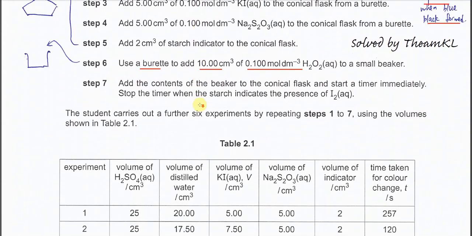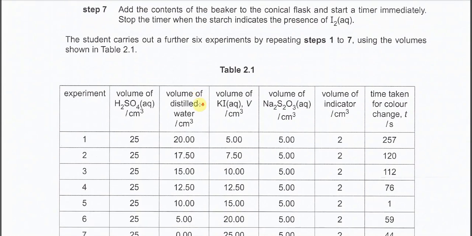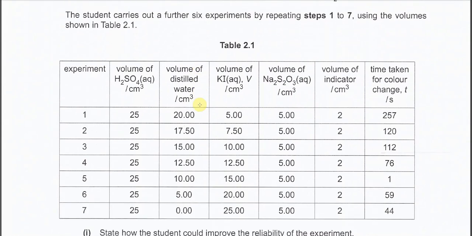And after that, the student carries out another 6 experiments. So that means now a total of 7 experiments. Okay, the difference is what? The difference is actually this: the volume of the distilled water and KI.